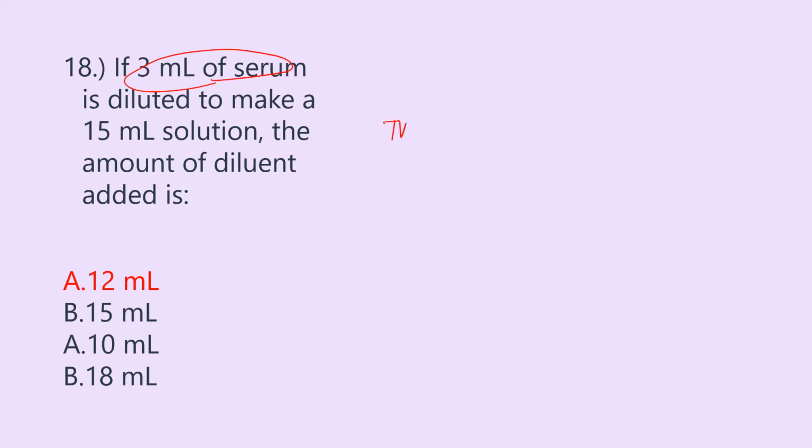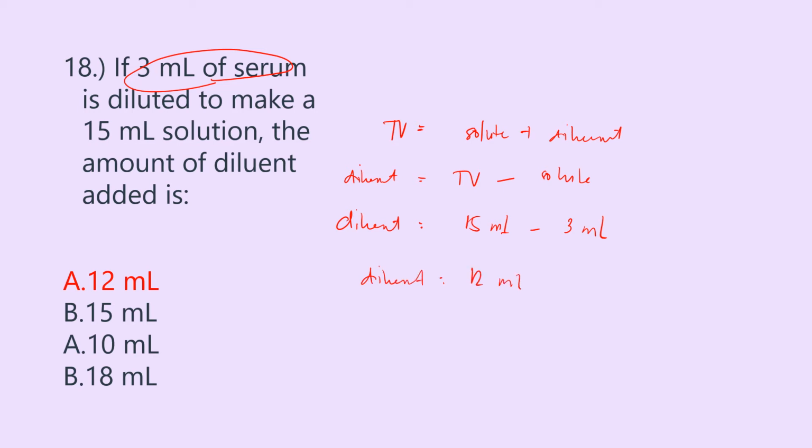So you have total volume, which is solute plus diluent. So diluent is equal to total volume minus solute. So diluent will be 15 ml minus 3 ml. So the amount of diluent is 12 ml.